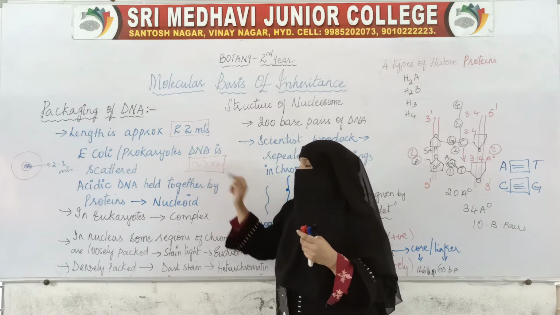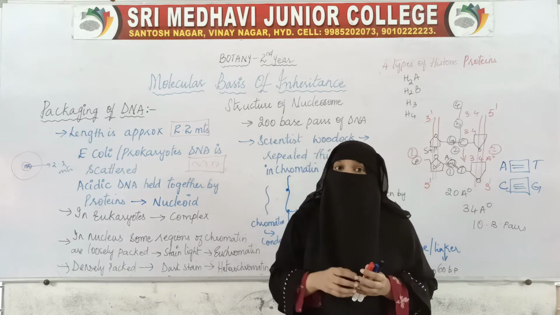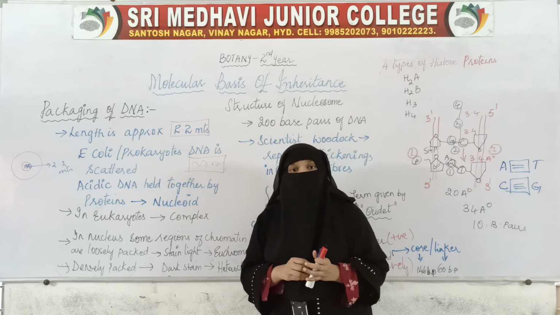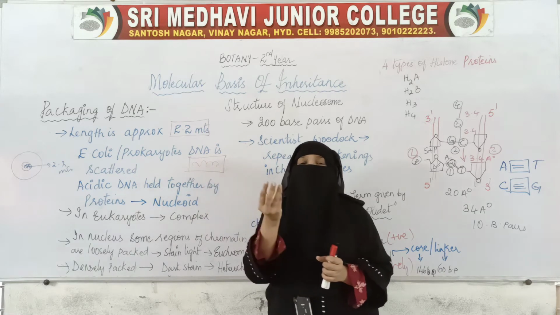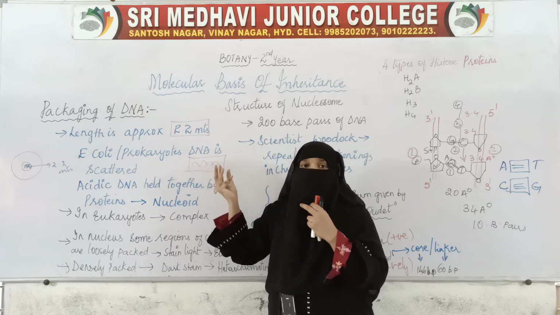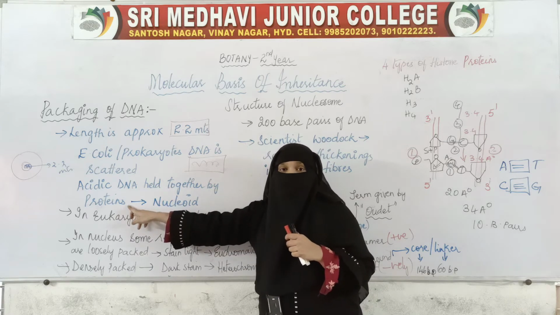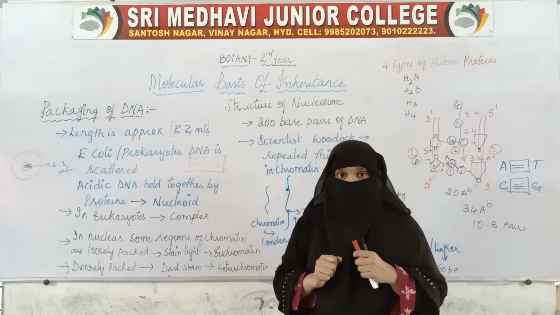We already know that DNA is slightly acidic in nature. This acidic DNA will be scattered, but mostly it will be held in one region with the help of proteins which are positive in nature.